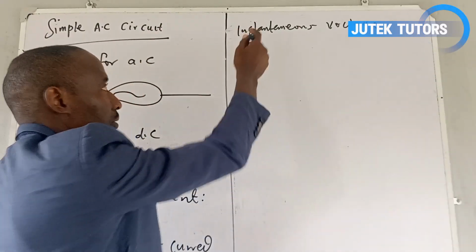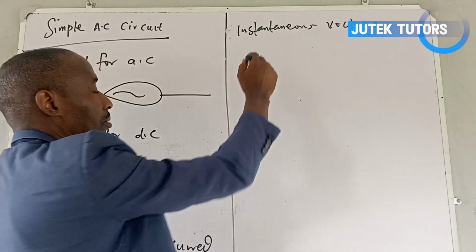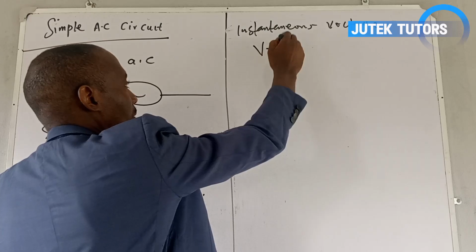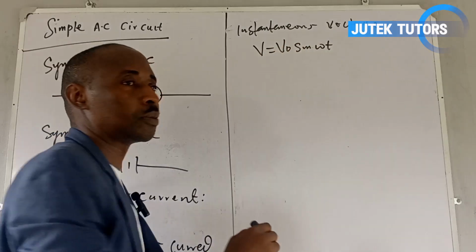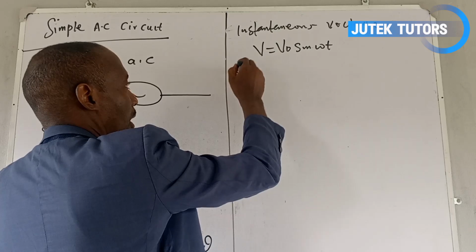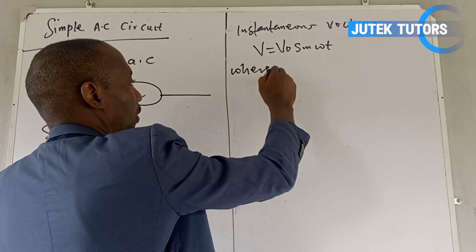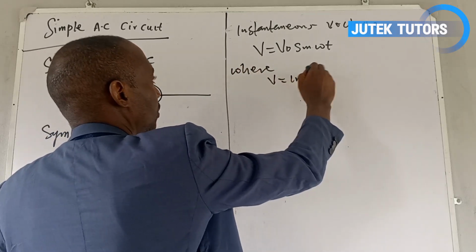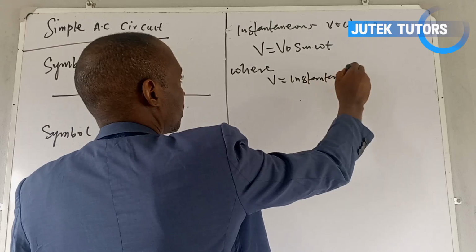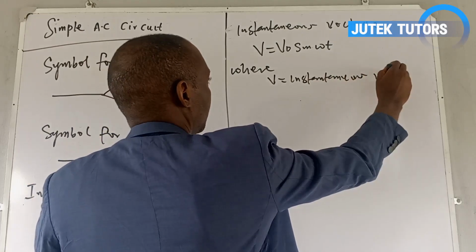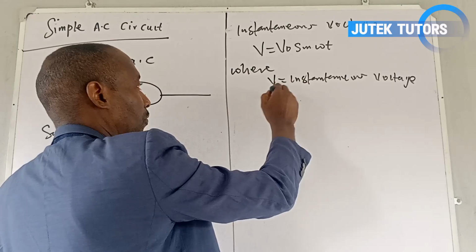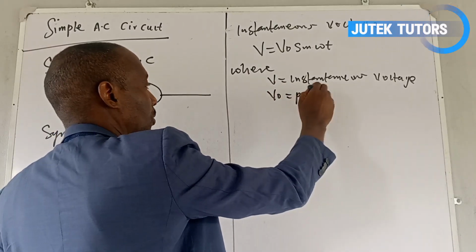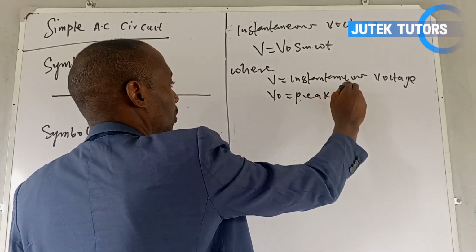It is expressed as V equals V naught sine omega t, where V is the instantaneous voltage and V naught is the peak voltage.